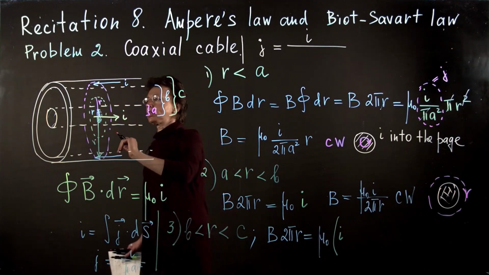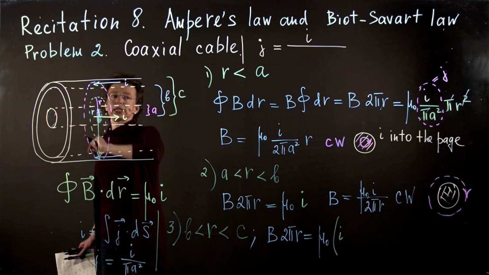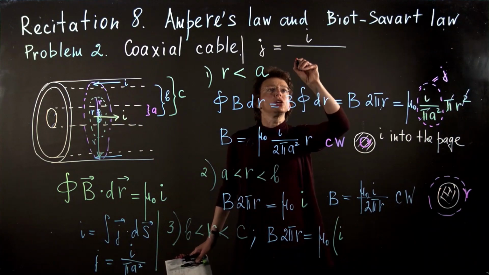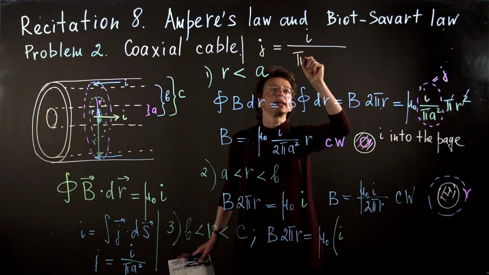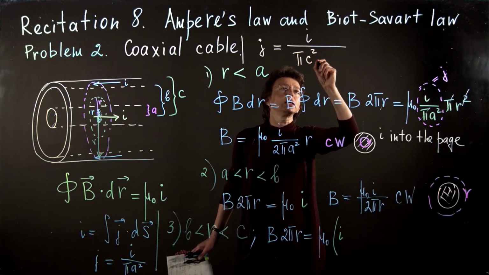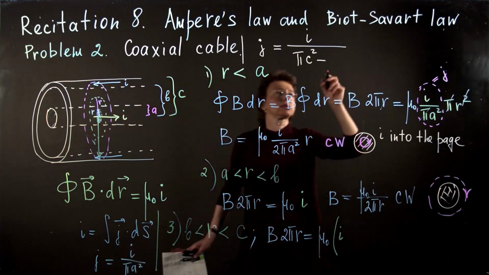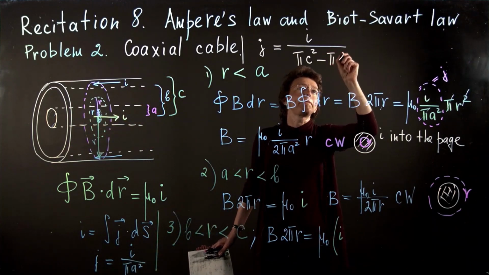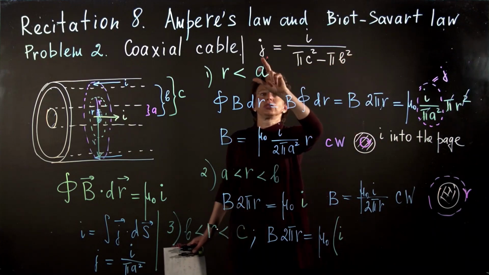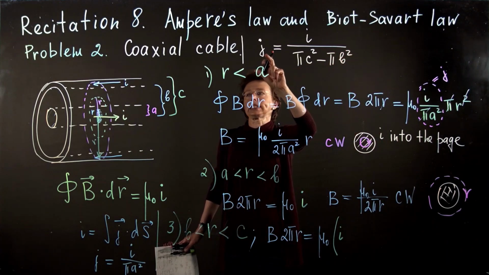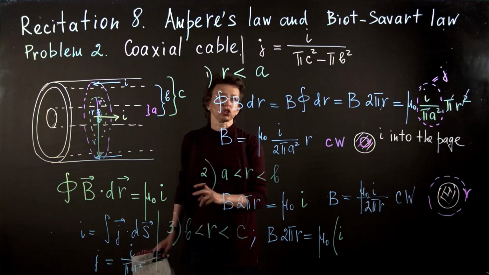What is the area of this cylindrical shell? Outer radius is C, so it is pi C squared minus, I need to subtract this hole, so minus pi B squared. J is current density for the cylindrical shell.